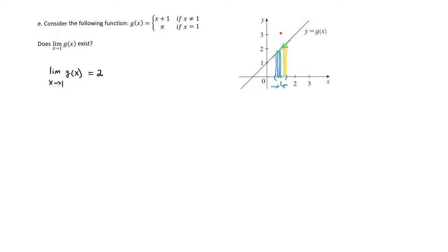And remember, 2 is not the y value. 2 is not equal to g of 1. Doesn't matter. The limit has to do with what happens around 1. And around 1, the y values are converging towards 2.